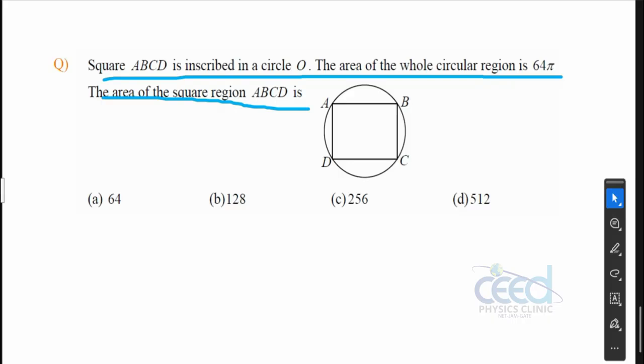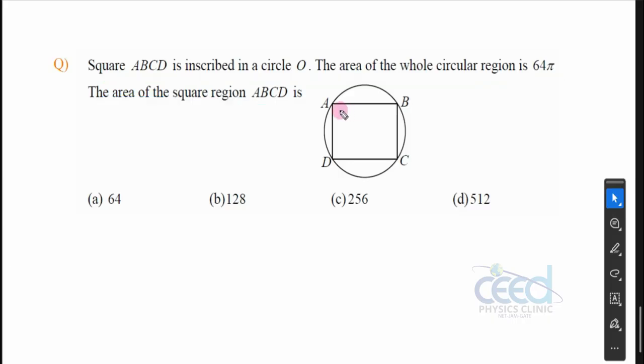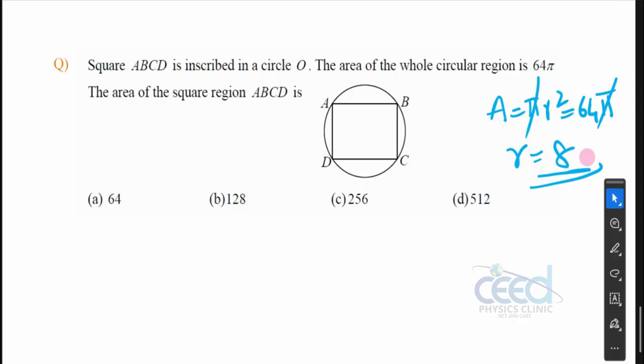So here they given, see, the whole circular region area pi r square is equal to 64 pi, then pi cancels, then r is equal to 8, right. Now if this is r, this is r, because the diagonal of the square passes through the center, this is double the radius.